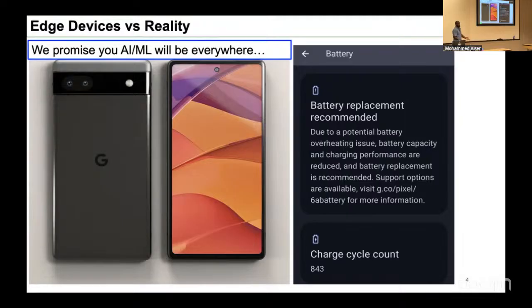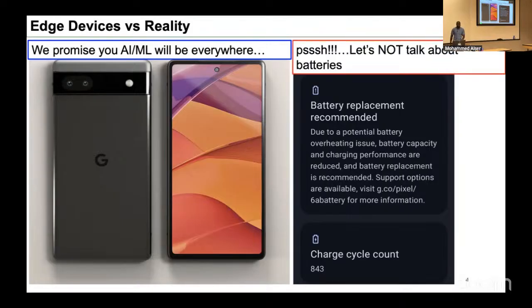So the promise is that we're going to have smartphones, smart devices, edge devices that can handle machine learning inference fast. But the problem is no one wants to talk about how we're going to facilitate this. What is the battery capacity?